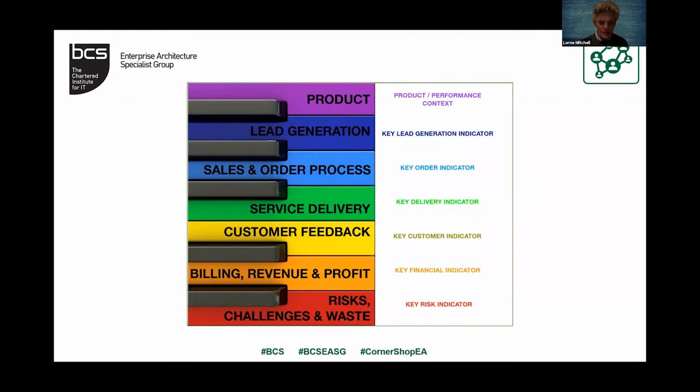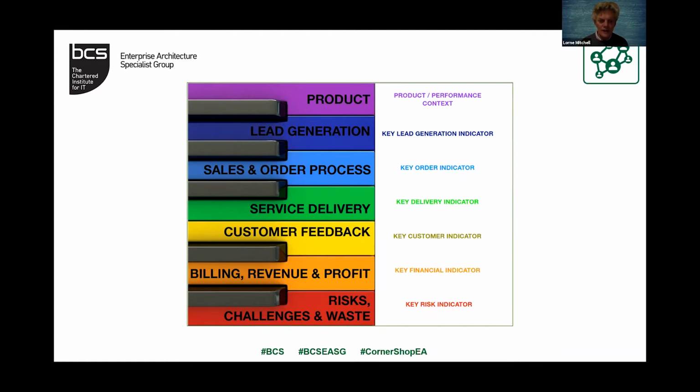So product is the product itself. I find analysis at a product level is not just for fast-moving consumer goods, but useful at any organization. Some products are going to be newer than others. Some of them are going to be bearing more revenue. But if you can take a product manager's hat as an EA, you're not going to go too far wrong.